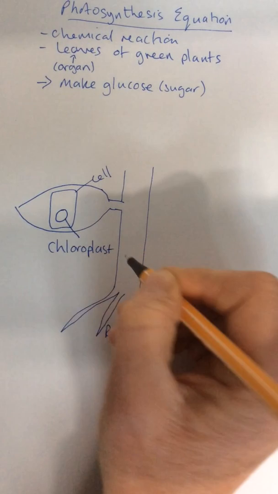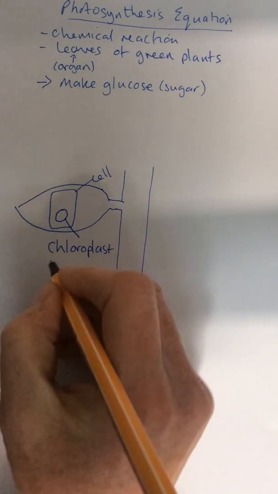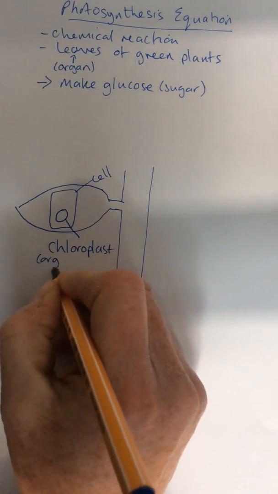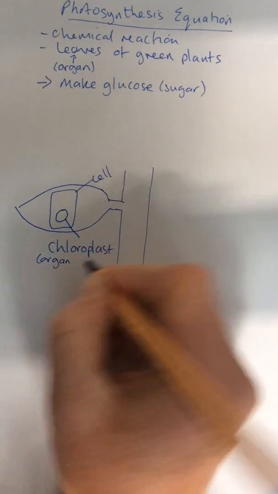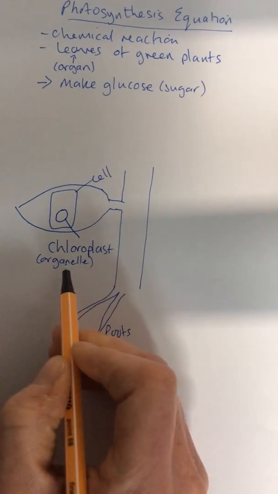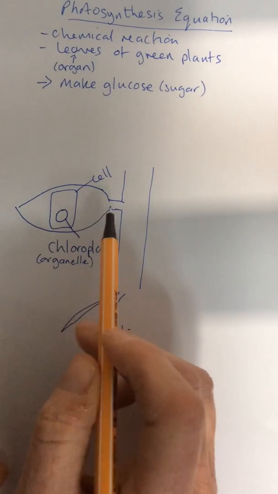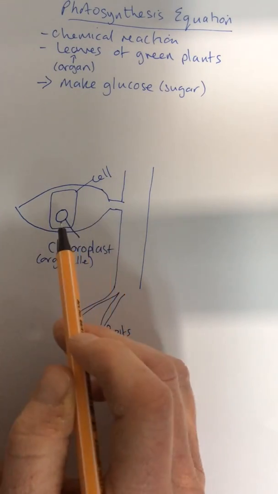A chloroplast is something that you find inside of a plant cell, and it's what we call an organelle. Organ, like a plant organ, would be a leaf, and then the -elle bit on the end is like really, really tiny. So organelles are things that are found inside cells. They're like cell organs, really.